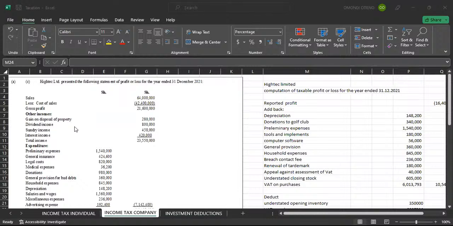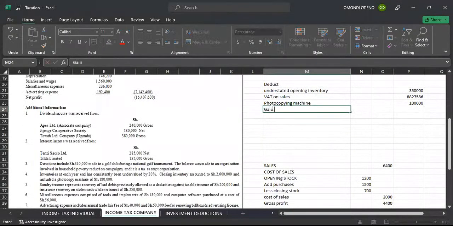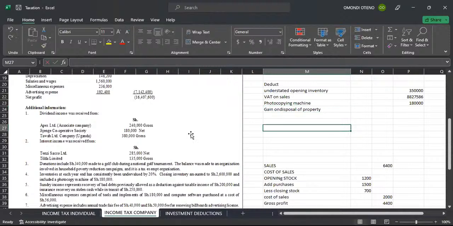The disposal of any non-current asset, if it is an income, it should not be used to increase your taxable income. And therefore, we are going to subtract gain on disposal of property. The photocopying machine, yes.